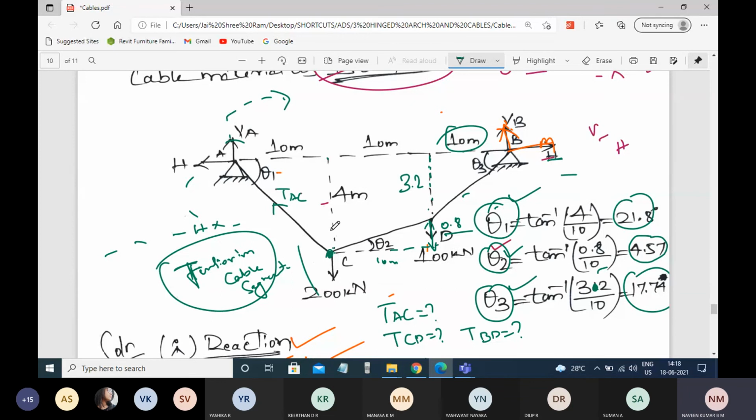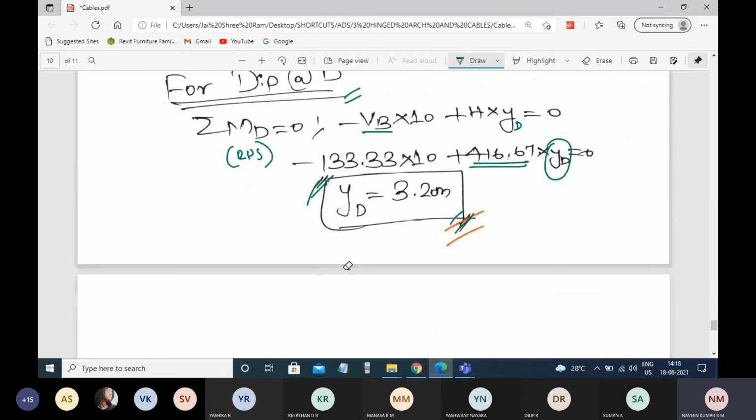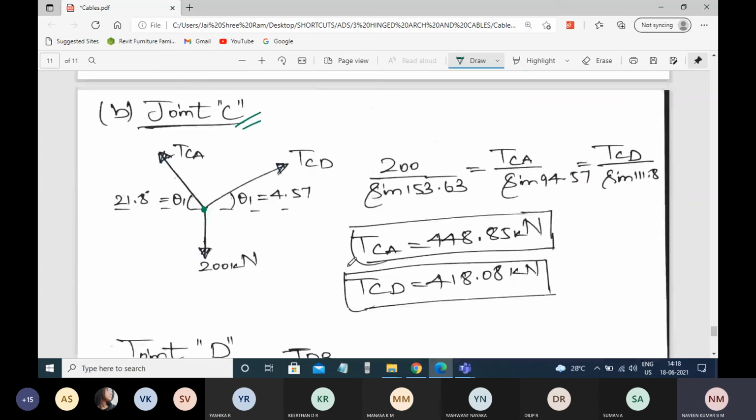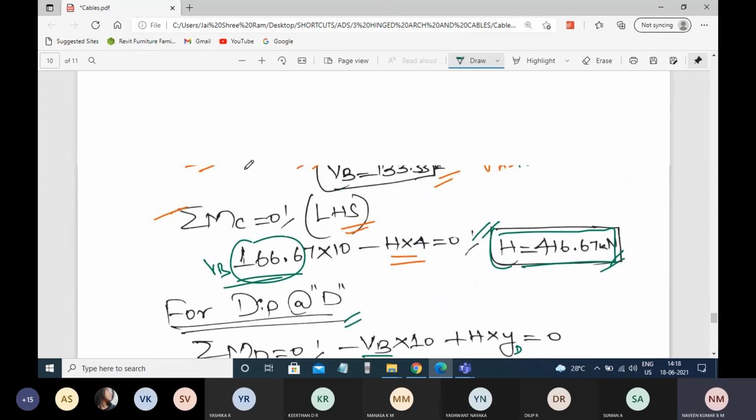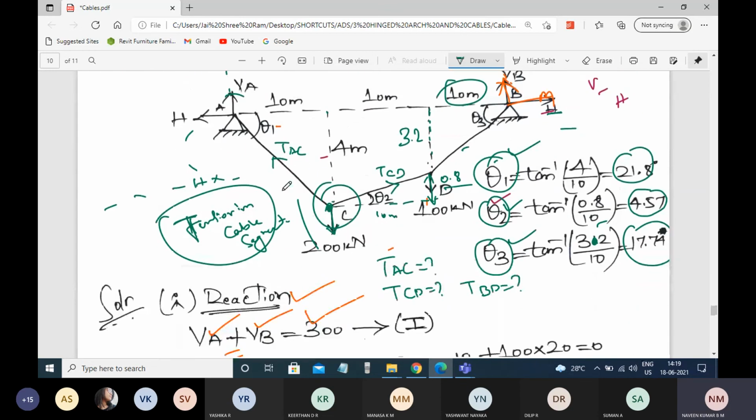If I isolate this particular joint, I have shown over there the tension in cable segment CD, TCD, and there is a vertical force of magnitude 200 kilonewton at point C. If I isolate, it will look like this, and this makes an angle theta 1.